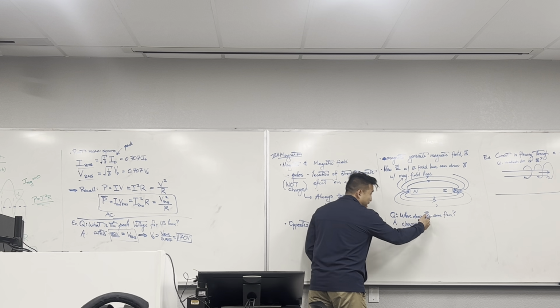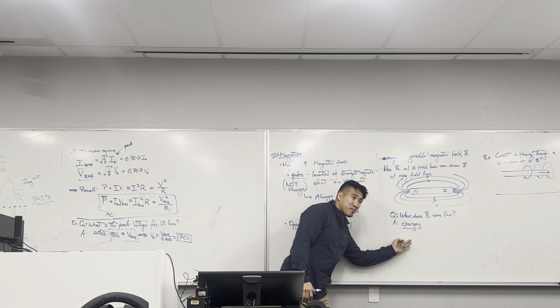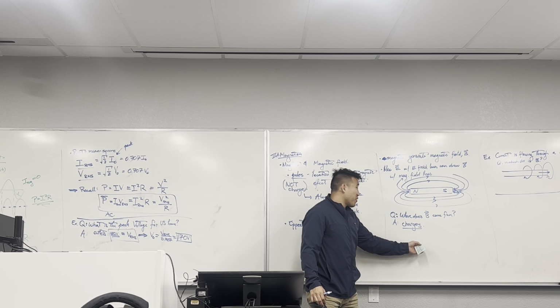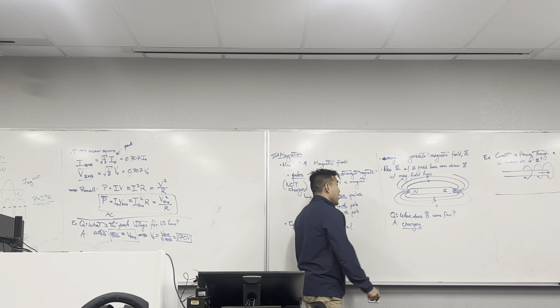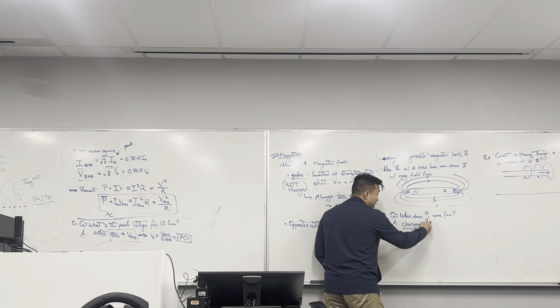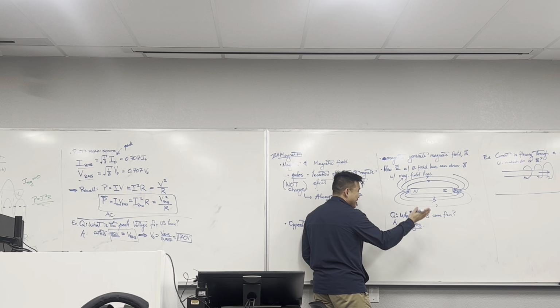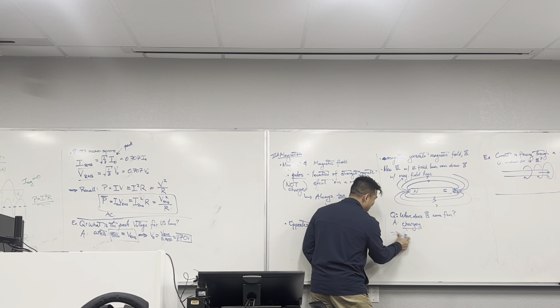Now here we see that even though magnetic poles and charges are not the same thing, charges and magnets seem to be related because charges actually give rise to the magnetic field. But it's not a one-way street.